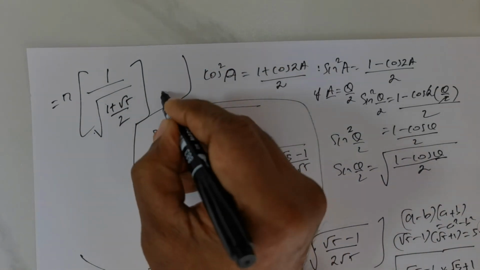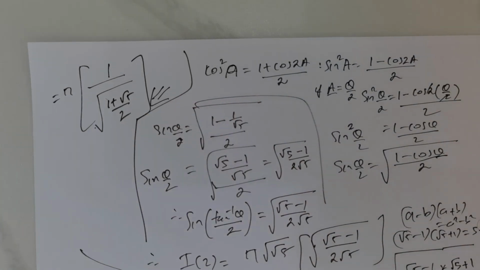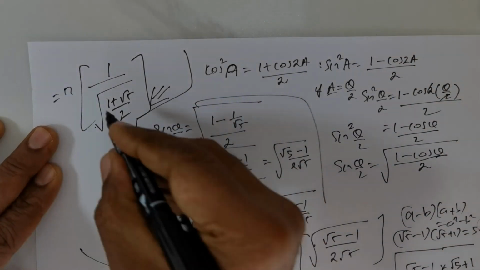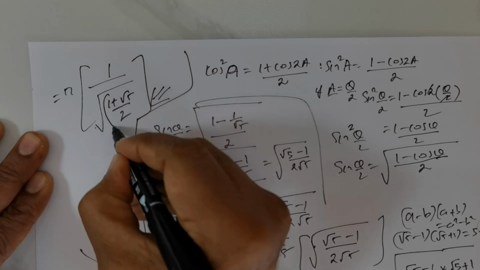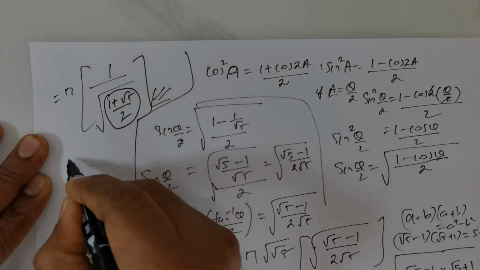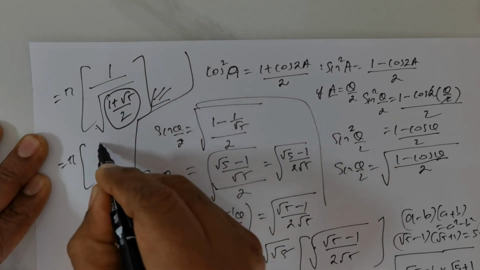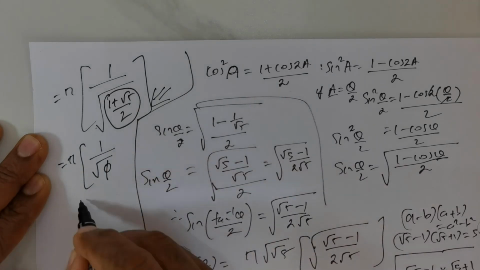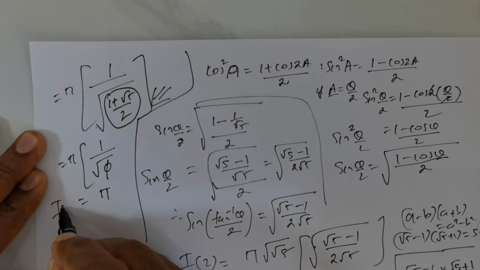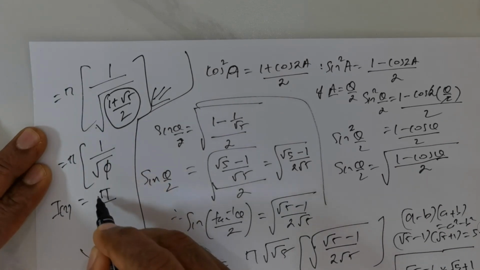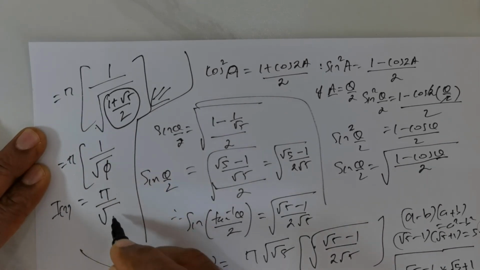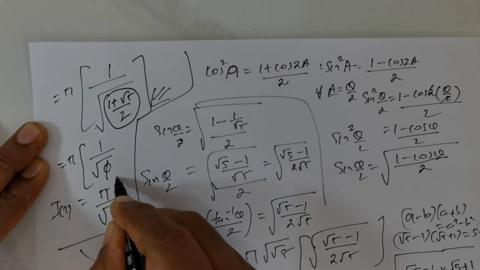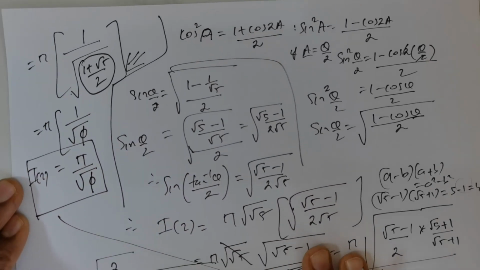But can you tell me what exactly is this? Can you think about it? This quantity is the golden ratio, and that is represented by phi. And the final solution for I of 2 is pi over root of phi. And that is the end of this particular video.